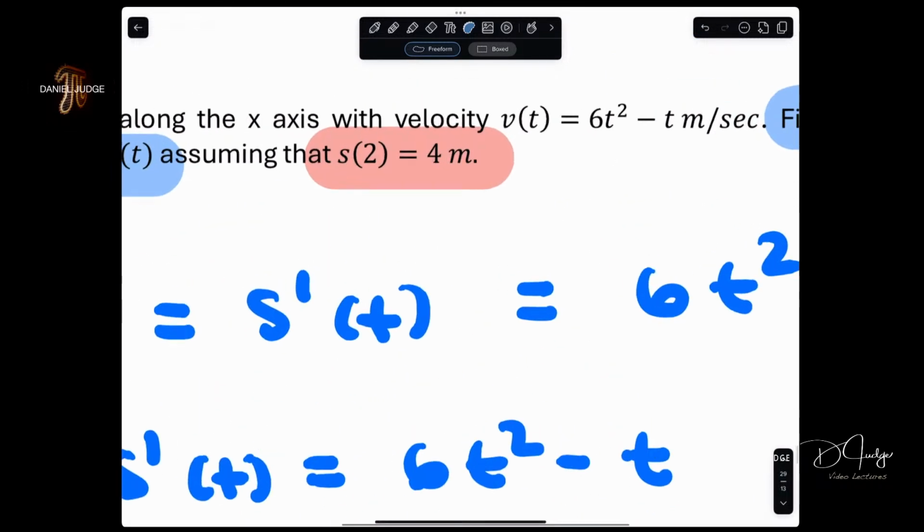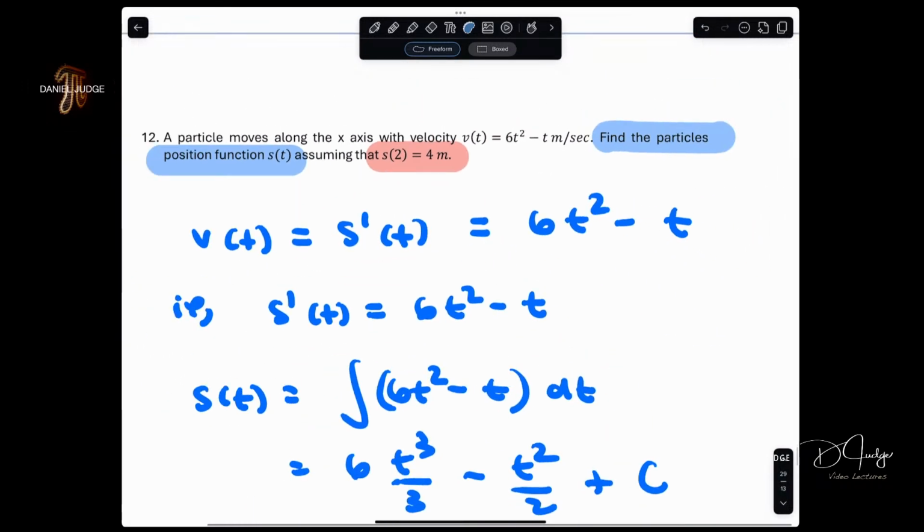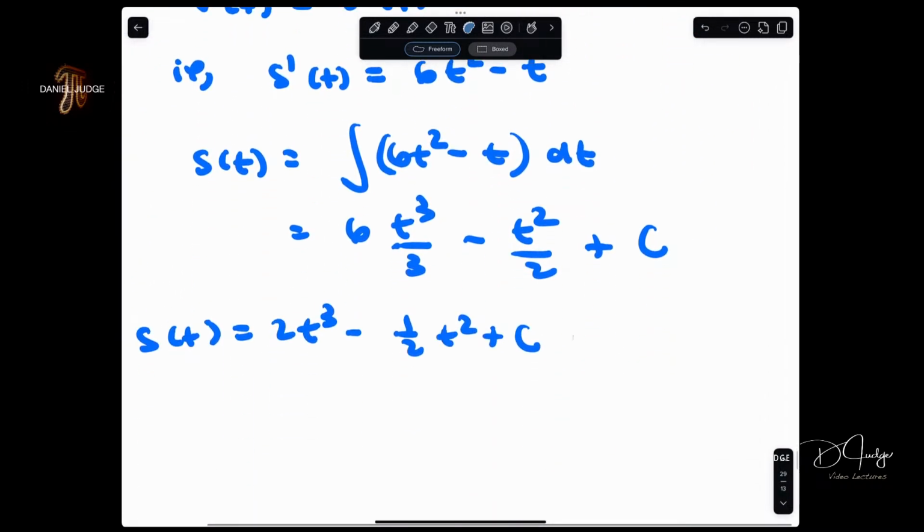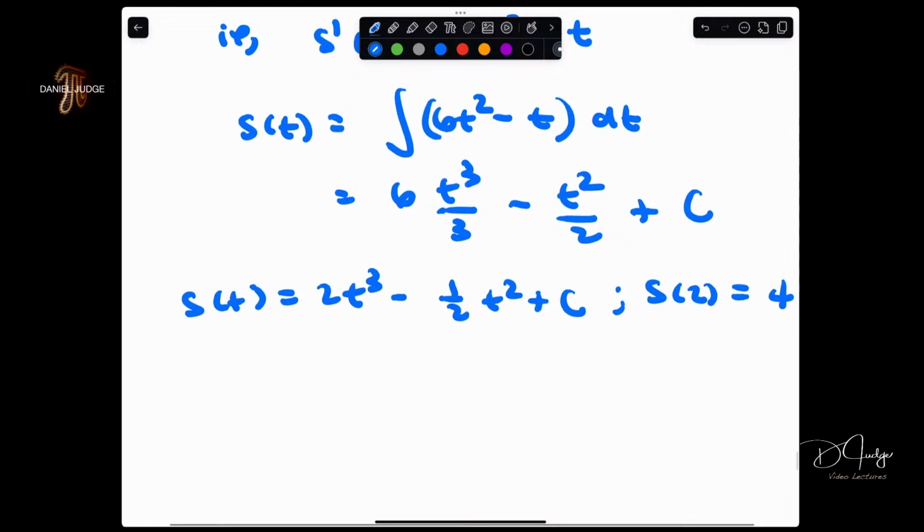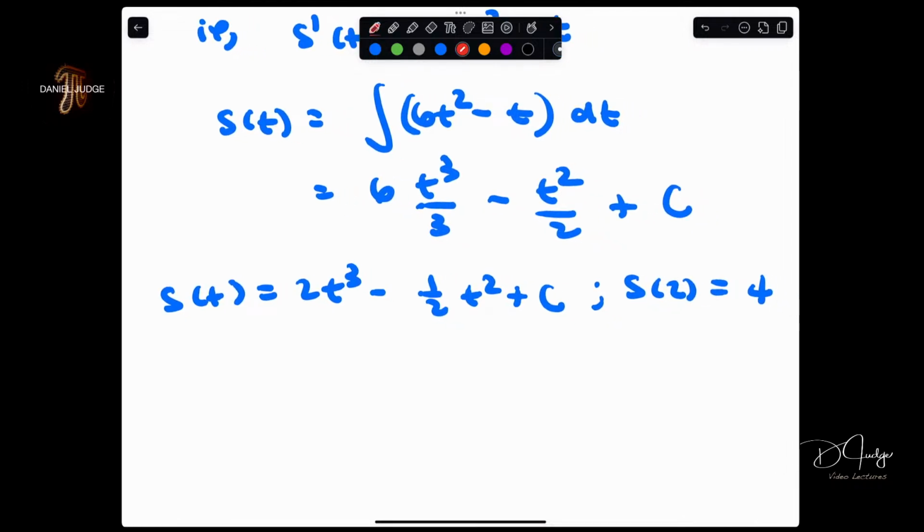Keep in mind, s of 2 is 4. Okay. So let's plug in. When t is 2, we know the position is 4.